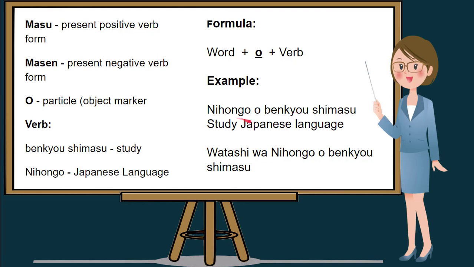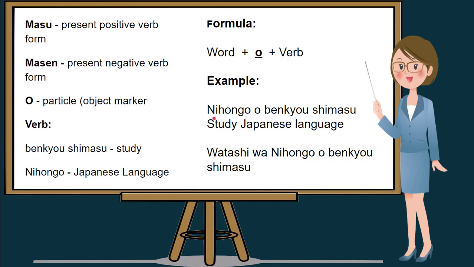Nihongo is Japanese language. Of course, we need to add o after this word and before the verb benkyoshimasu. Benkyo means study.